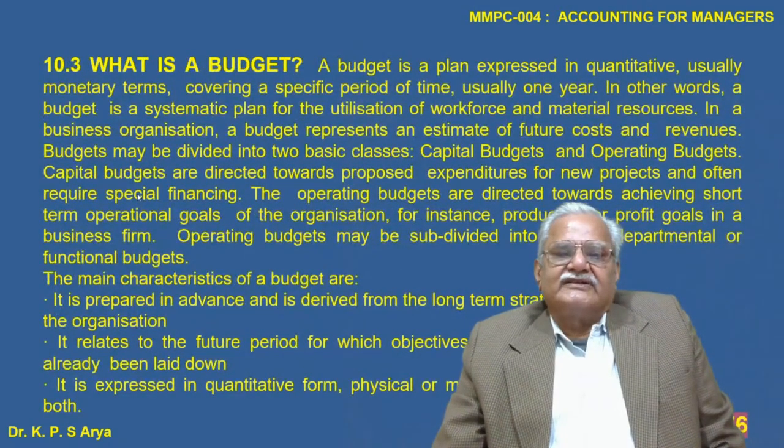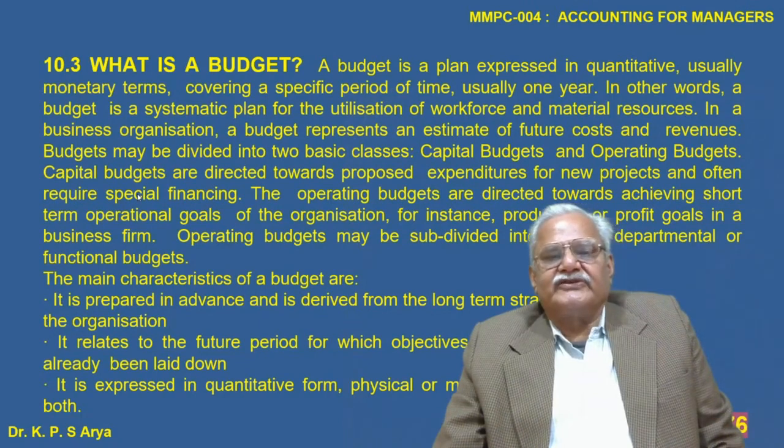What is a budget? A budget is a plan expressed in qualitative or quantitative, usually monetary, terms, covering a specific period of time, usually one year. In other words, a budget is a systematic plan for the utilization of workforce and material resources. In a business organization, a budget represents an estimate of future costs and revenues.